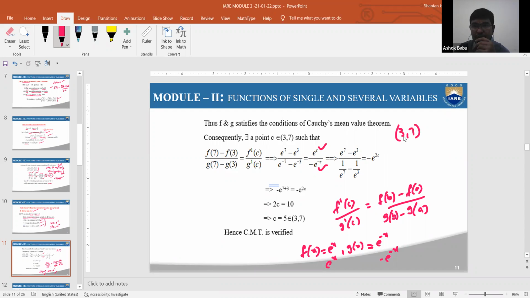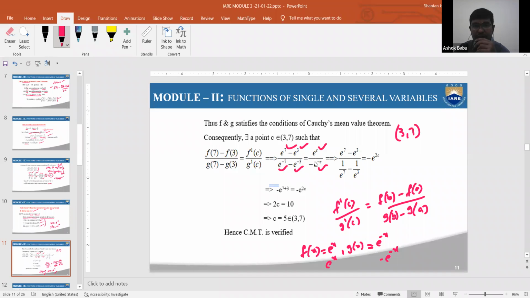Therefore, a is equal to 3 and b is equal to 7. So f of b means e power 7 because of the function e power x. Therefore, e power 7 minus f of a, that is e power 3, by the denominator g of b, that is e power minus 7, minus g of a, e power minus 3.